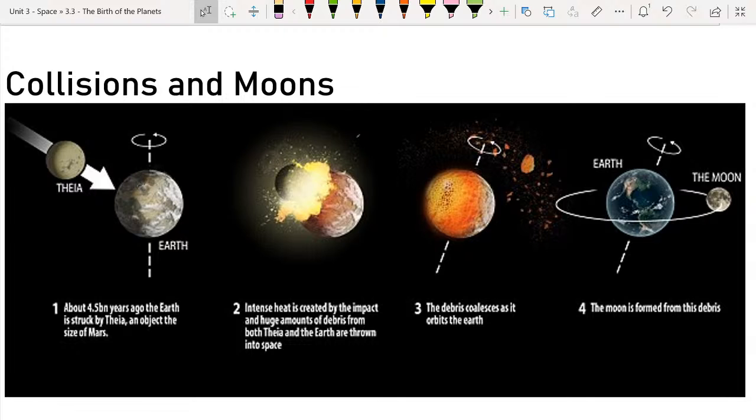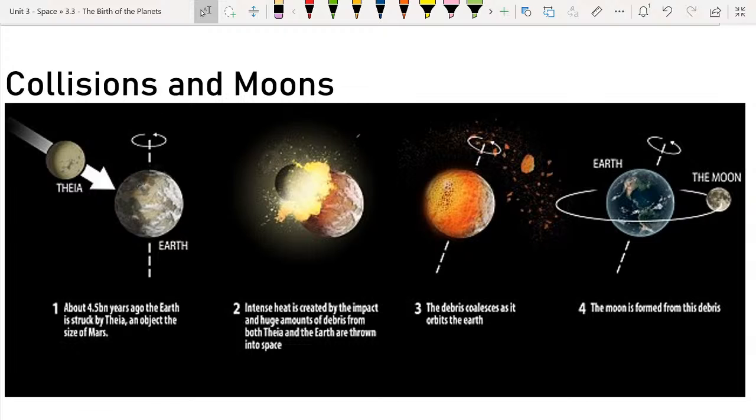This was a catastrophic event. We still feel the effects of this collision today because the Earth actually isn't upright anymore as it orbits the sun. When the Earth first formed, because it's all spinning with the sun, it was all on a perfectly flat plane. Does that make sense? We were orbiting and spinning on the exact same plane that we'd been formed on, because why wouldn't we be?